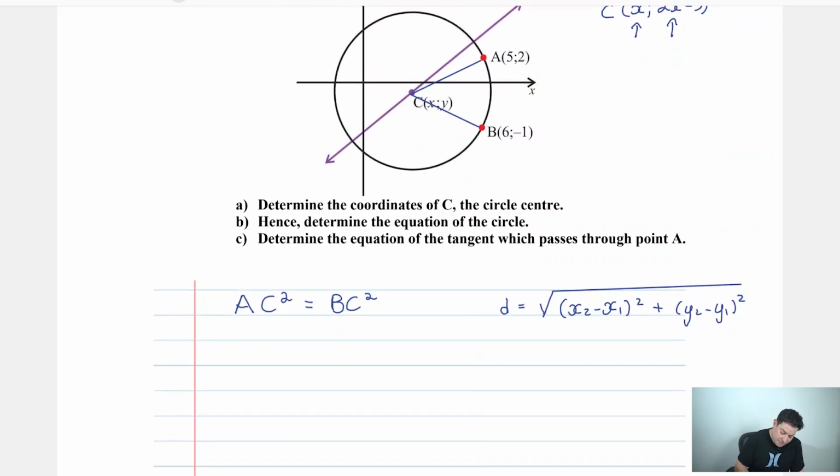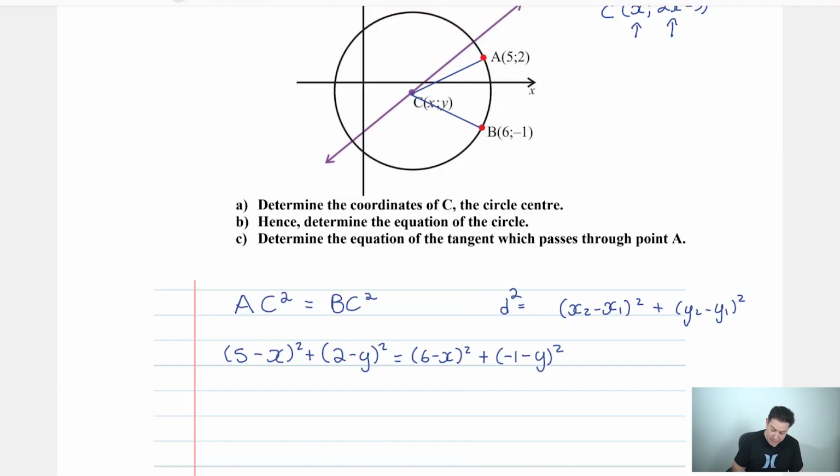So if we look at AC, we're now going to write it as 5 minus x all squared plus 2 minus y all squared, and BC is going to be 6 minus x all squared plus y, which is minus 1, minus y all squared. I don't have to have the square root because I'm using it as d squared equals x2 minus x1 all squared plus y2 minus y1 all squared.